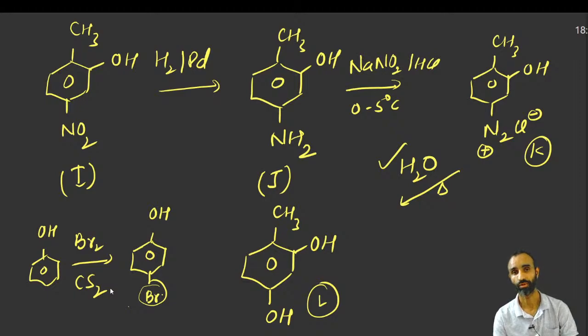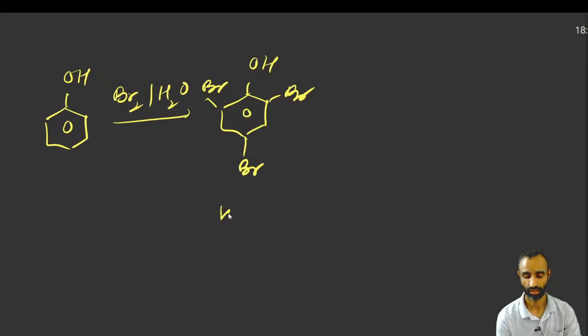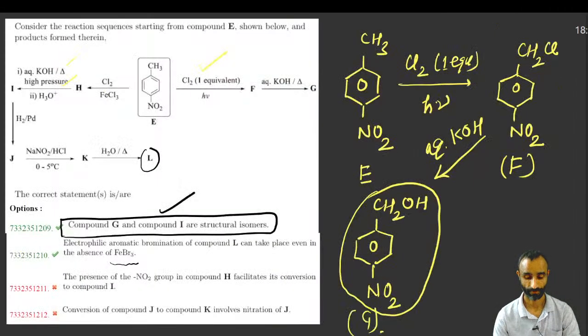And if we use bromine water, this is even a test for phenol because this 2,4,6 tribromophenol is quite precipitated, right? Okay, so this is also right.